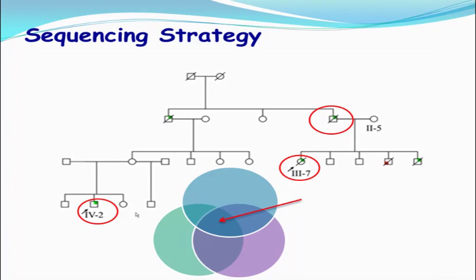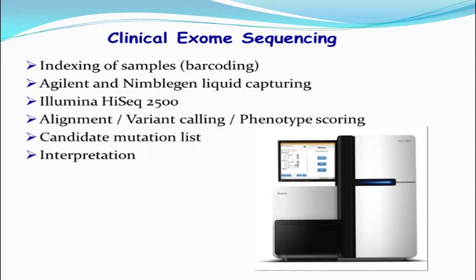And here is the brief process for clinical exome sequencing. Samples will be indexed and pooled together for sequencing. Then the exome region will be captured by either Agilent or NimbleGen liquid capture assays. Then the sample will be run on the Illumina HiSeq instrument.